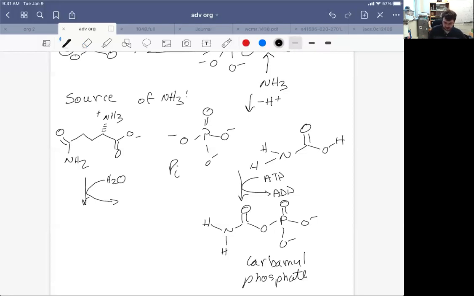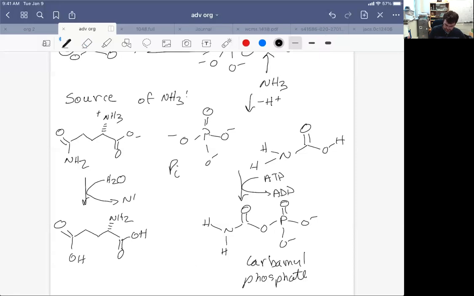Okay, so we're going to take the amide at the end of this chain and convert it into a carboxylic acid. And so that is glutamic acid, or glutamate, as they say, which is another amino acid. I guess I'm changing the zwitterionic form.